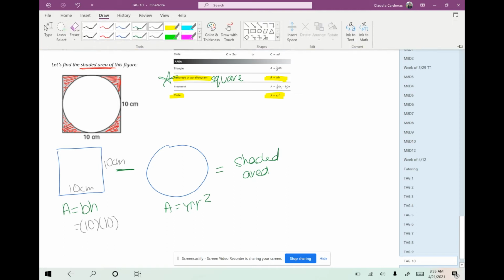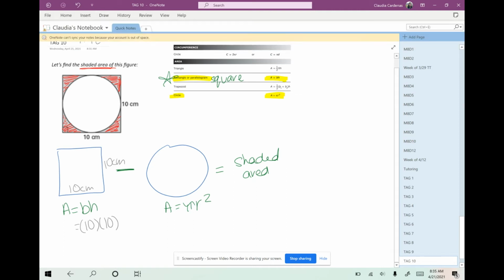And then if I look at my circle, I know that we need the radius for the circle, which is the halfway part when we cut the diameter in half. So this right here is the radius. Well, I see here that if the length is 10 centimeters, what does that mean about the length of the diameter?